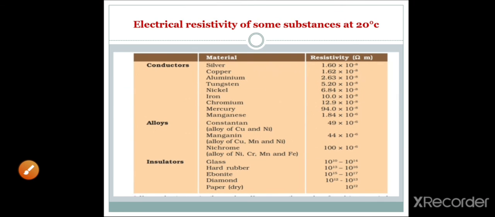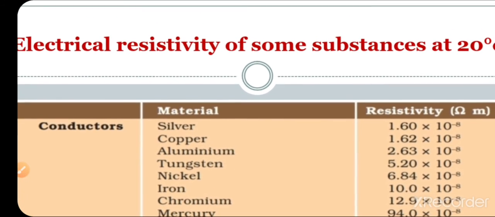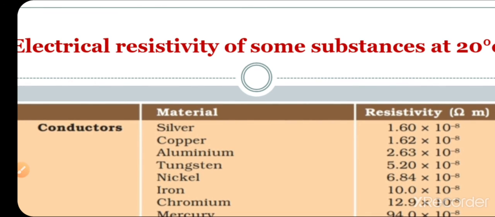Now here is a table showing the electrical resistivity of some substances at 20 degrees Celsius. So here conductors are given, like silver. Its resistivity is very less, that is 1.60 into 10 raised to the minus 8 ohm meter. It is a very good conductor.